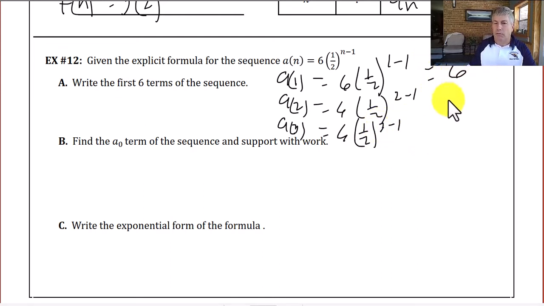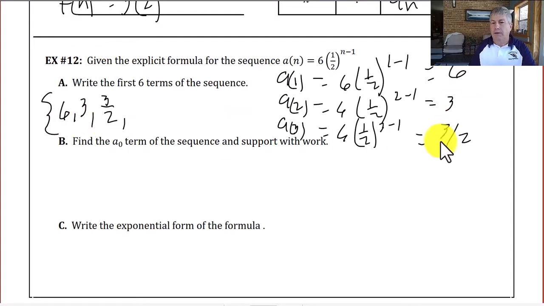So our first term is 6, our second term is 3, our third term is 3/2, and so forth. So I did the formula for the first 3 and wrote those down. We have 6, 3, 3/2. Half of 3/2 is 3/4, and half of 3/4 is 3/8, and half of 3/8 is 3/16. So those are the first 6 terms.